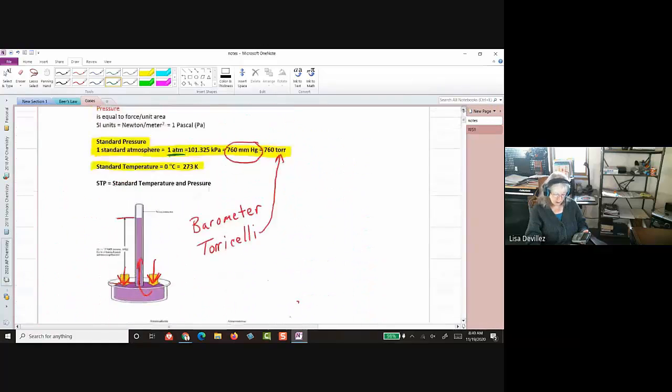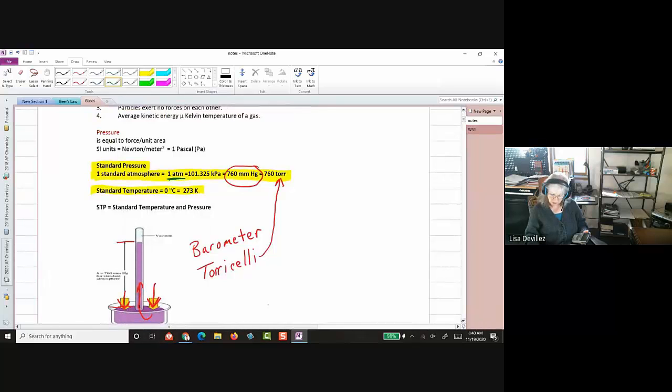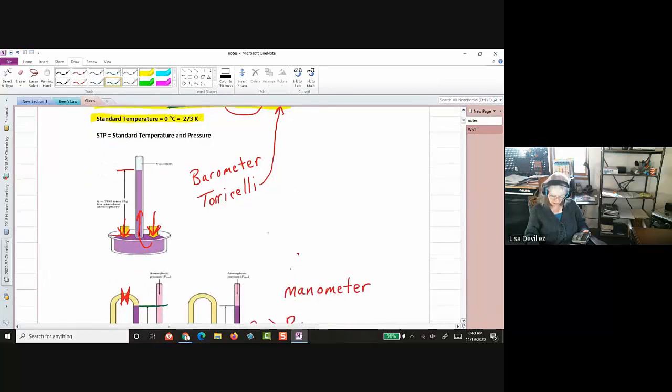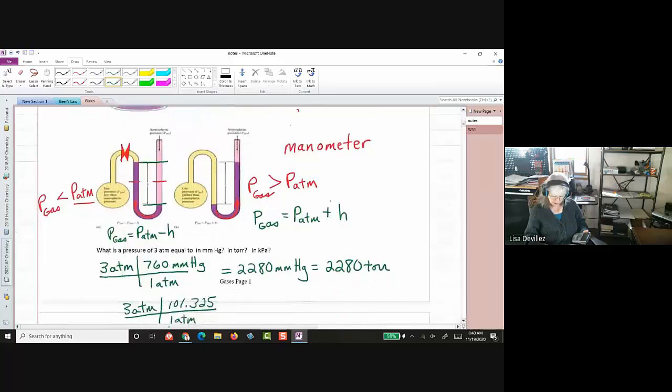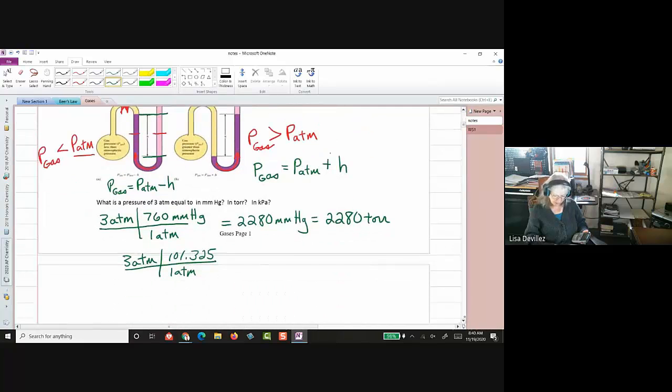Double check. 101.325 kilopascals. So 3 times 101.325, so 303.97 kilopascals.